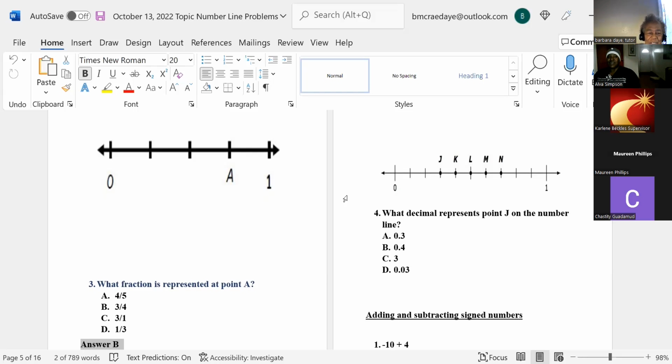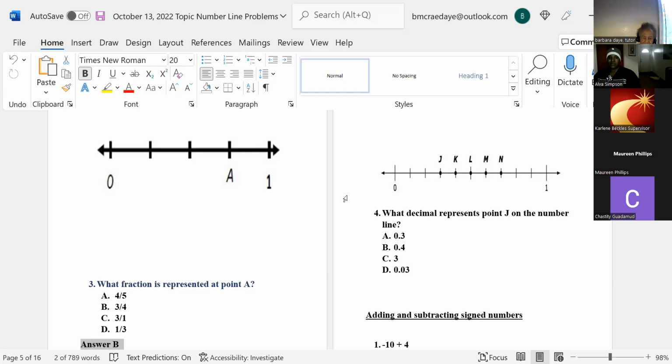Okay. So, Michelle, what's the difference between a fraction and a decimal? Is it multiplication? No. The difference is in the format. What's the difference, Maureen?